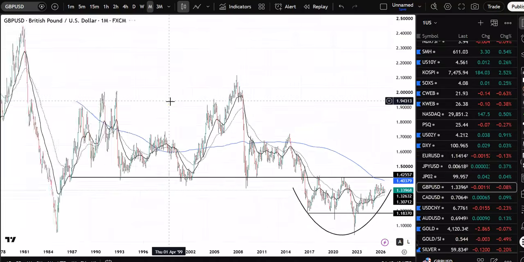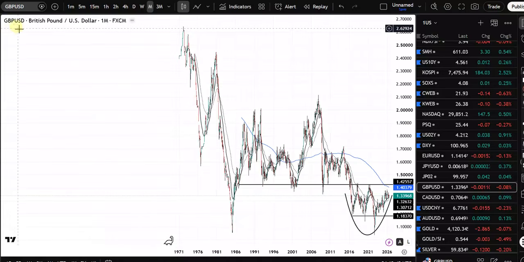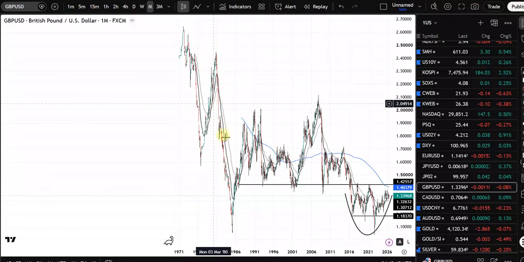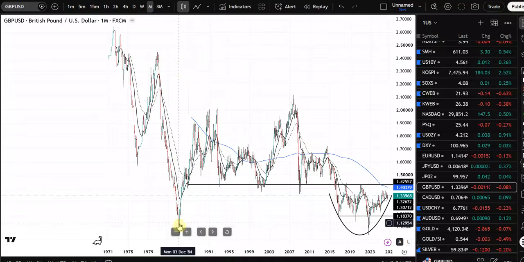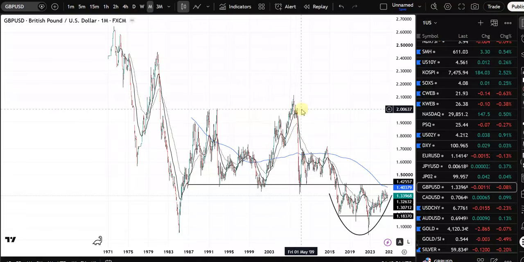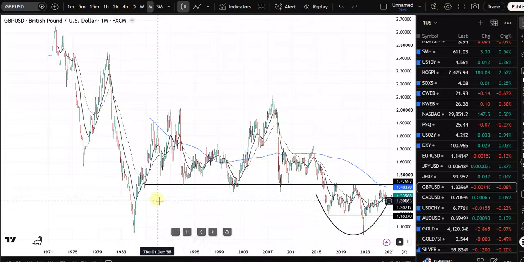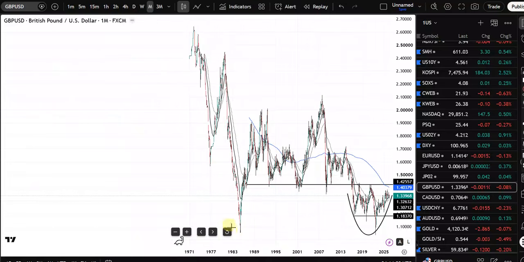What about the POMs? Okay, so the Great Britain USD. So they generally haven't been doing too well over time, the POMs. But you can see they're right at the bottom of the range here. They haven't been much lower in life.